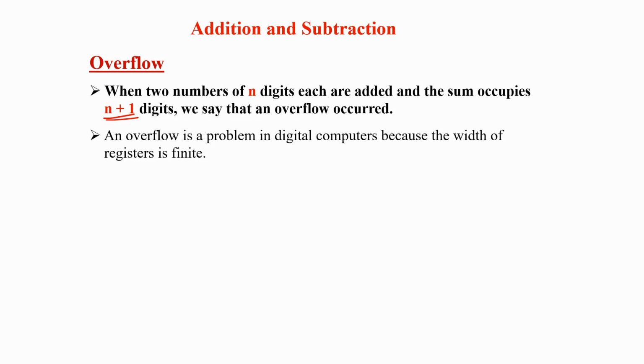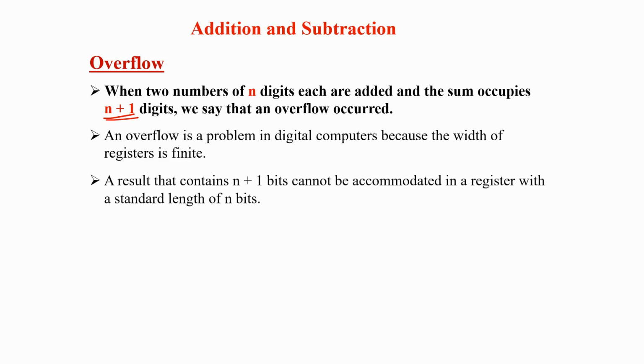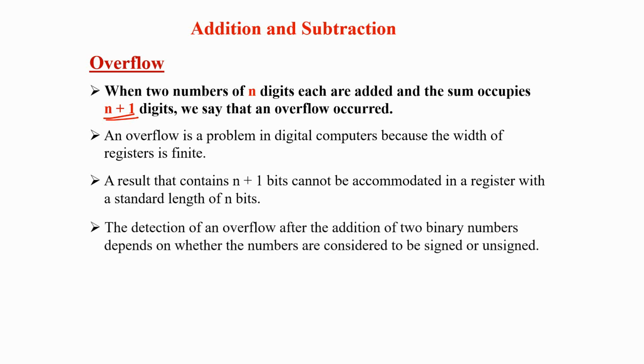An overflow is a problem in digital computers because the width of the register is always finite, fixed. If the result contains n plus 1 bits and that cannot be accommodated in the register, we call it an overflow. How do we detect an overflow? The detection of an overflow after the addition of two binary numbers depends on whether the numbers are considered signed or unsigned.